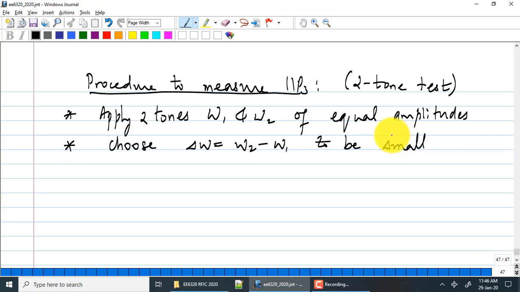Choose delta omega to be small. Why is this important? Because the smaller you choose delta omega, the closer will be the IM3 components to your fundamentals, so that bandwidth effects of your amplifier, filter, whatever component it is, will not affect your measurement. Make sense?